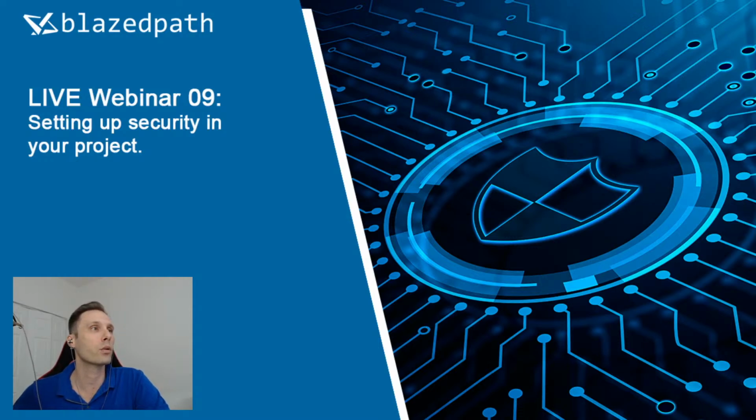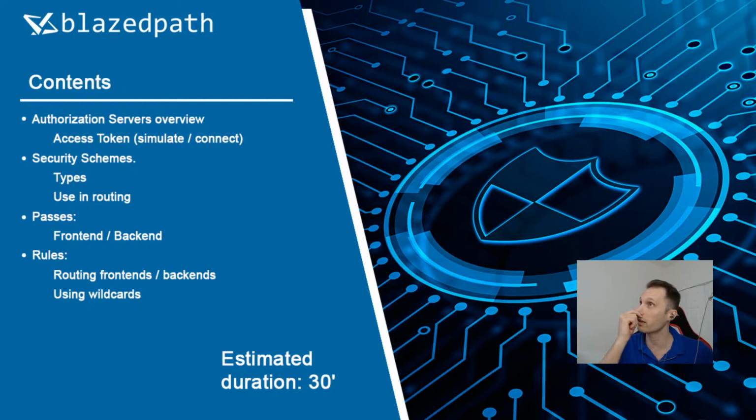So let's quickly jump over to the table of contents and see what we are going to talk about today. First, we are talking about the authorization servers, and a little bit about access tokens and how we use them to validate what the user is supposed to see and do in the application, and how to control that. Then we are going to start over with the rules section.